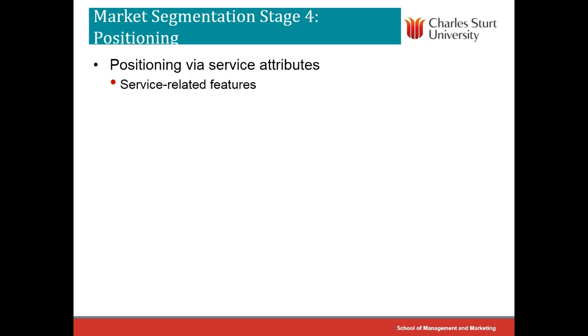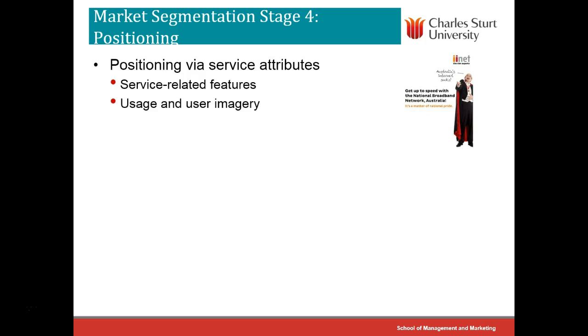If we think about the hotel or think about flying first class versus economy, there are probably a number of service attributes and features you might think of here. Again, IONET is using this approach of service-related attributes, knowing that people don't see the broadband market as being that fast in Australia, and really humorously playing off that they can offer a solution to this.